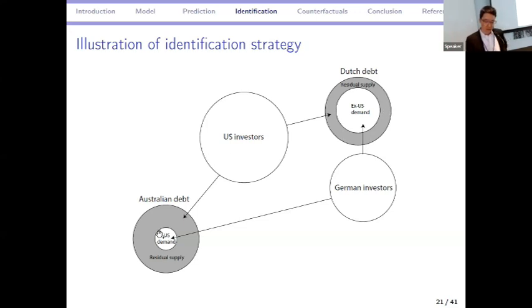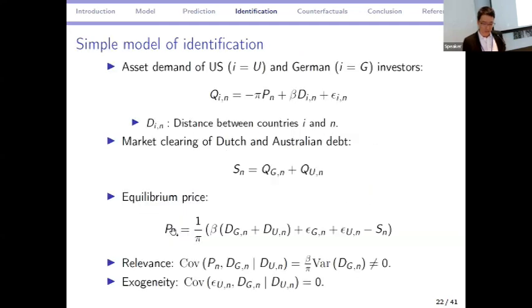So they're going to go to Australian debt, where there's plentiful residual supply because German investors don't like much of Australian debt. It turns out that the instrument for estimating US investors' demand is actually the distance between Germany and the Netherlands and Germany and Australia, the physical distance.